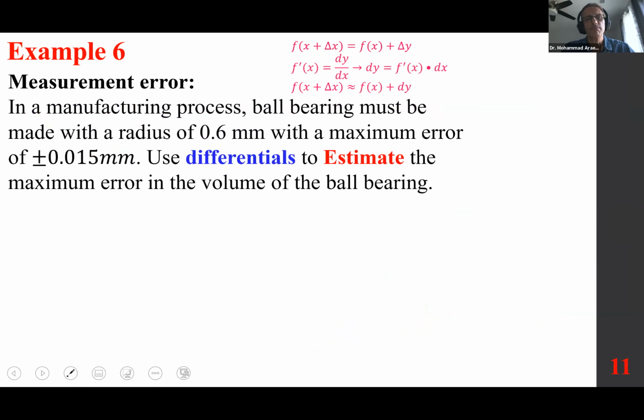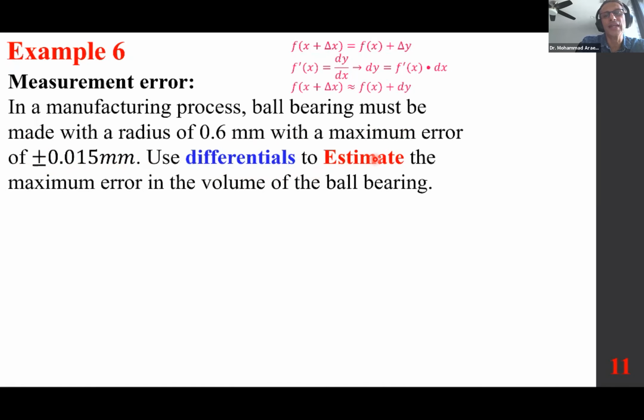Here's the last question. Could somebody read that, please? Measurement error in a manufacturing process, ball bearing must be made with a radius of 0.6 millimeters, with a maximum error of plus or minus 0.015 millimeter.